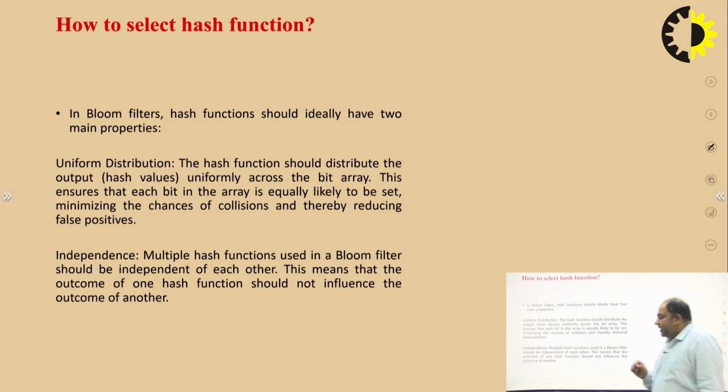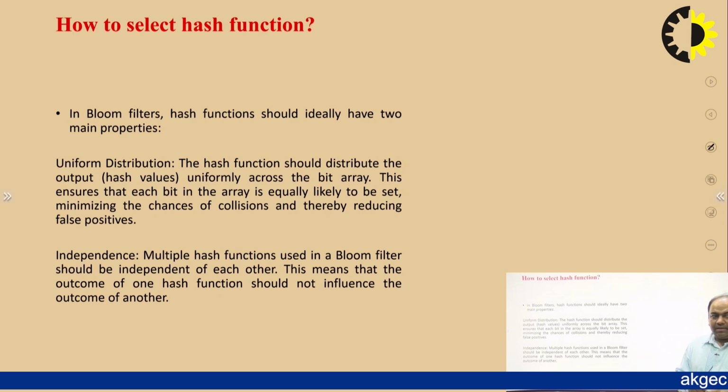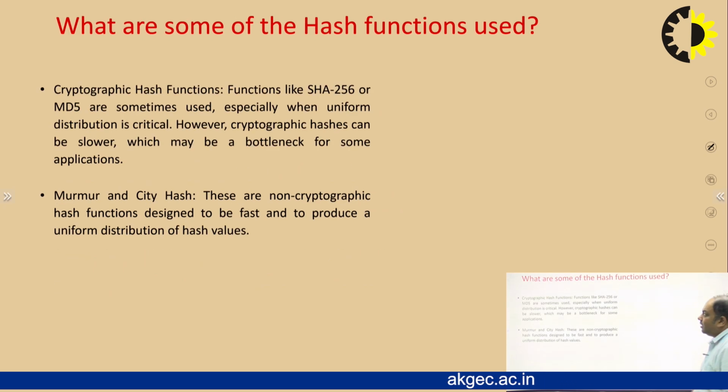Second is independence. Independence means multiple hash functions used in a Bloom filter should be independent of each other. We do not consider the hash value of any other event or any other data. Each data is independent of the other data.